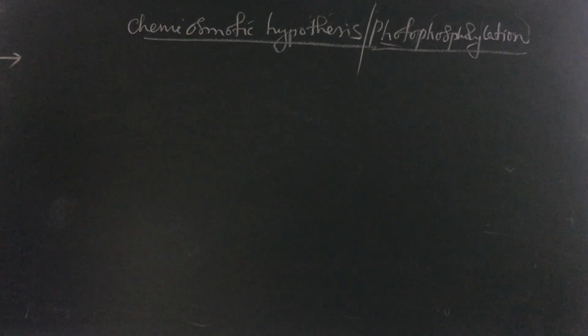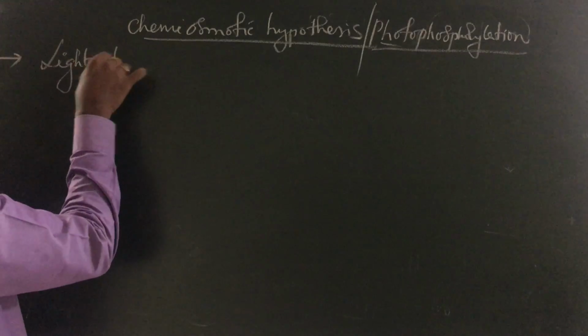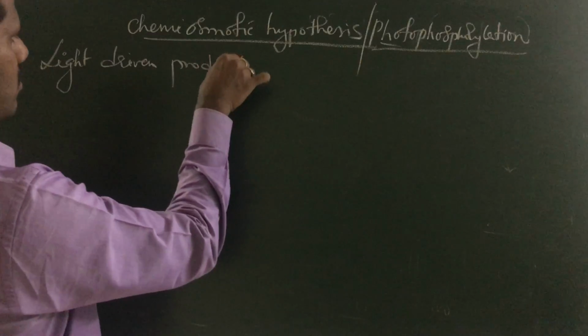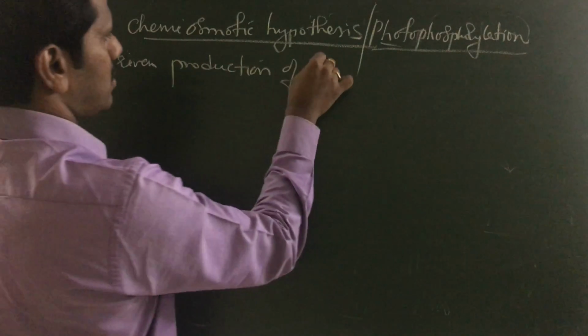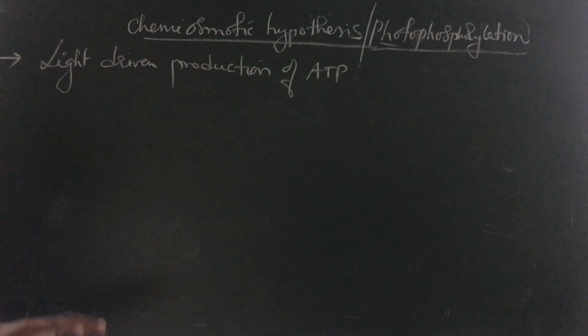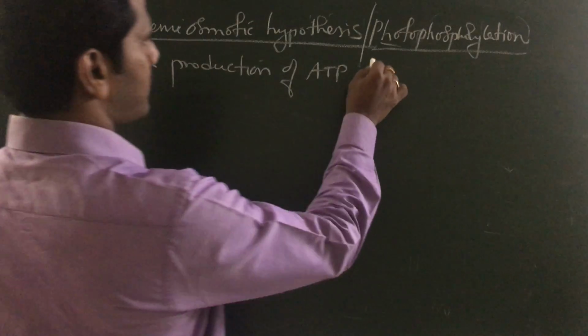Light driven production of ATP. That means light is driving the production of ATP by the chloroplast.